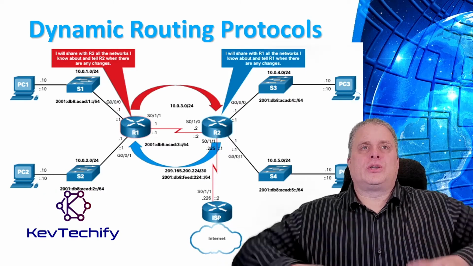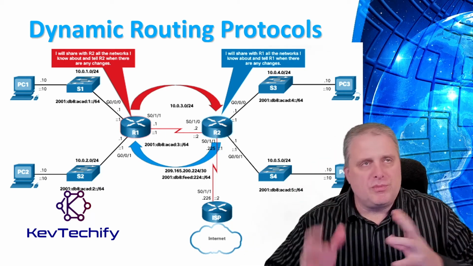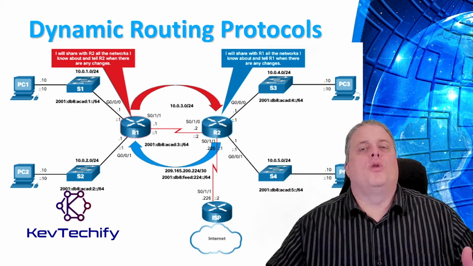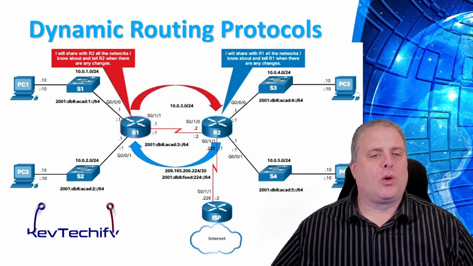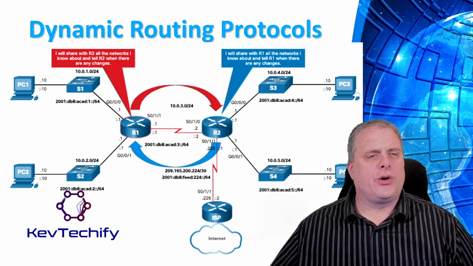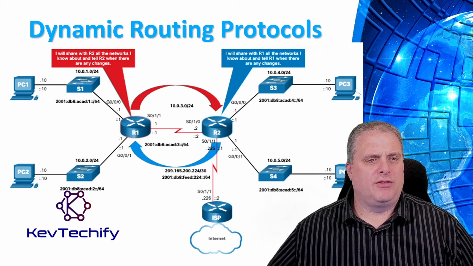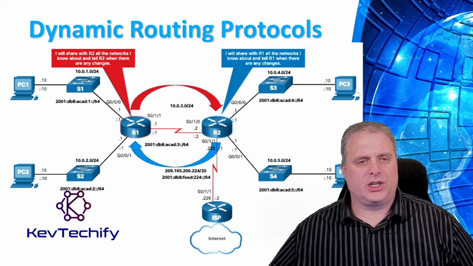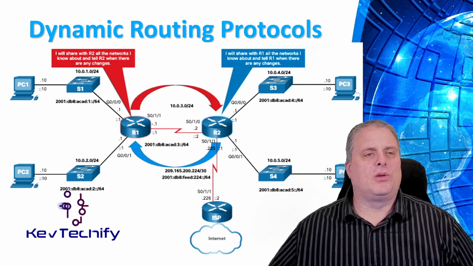Dynamic routing protocols share information. They share information about the reachability, the status of remote networks. Here in this example, we have R1. What R1 is going to do is share information with R2. So I'm going to share with the other router I'm connected to all the networks I know about.